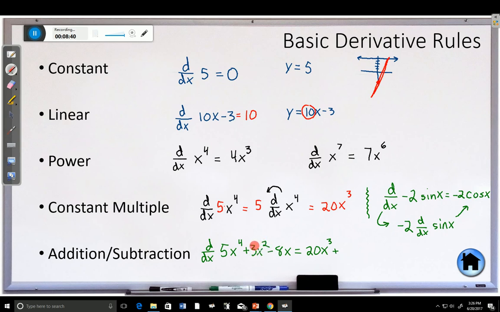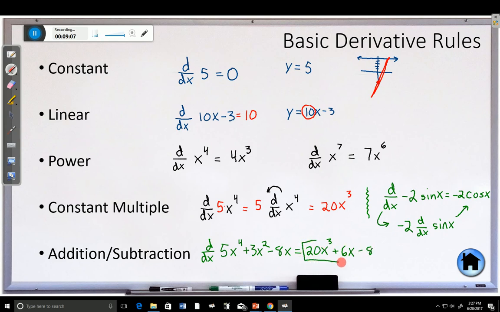So the 2 multiplies the 3, that gives us 6x. The 2 subtract a power, subtract 1 from it, and you get 1. And you could write a 1 here, but you don't have to. It's just 6x. And then the derivative of 8x, that is a linear term. And so it's just a number in front, which is 8.